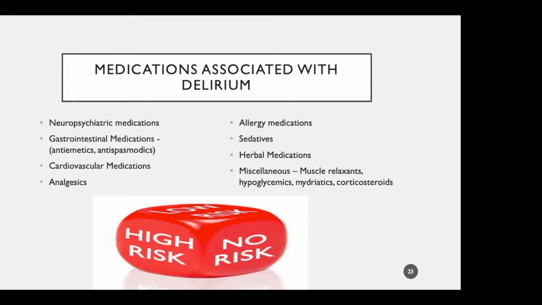All of these put older adults at risk, medications in themselves. And then when you combine it with aging bodies, with liver and kidney dysfunction, with multiple medications interacting, it's no surprise that older adults end up with delirium.